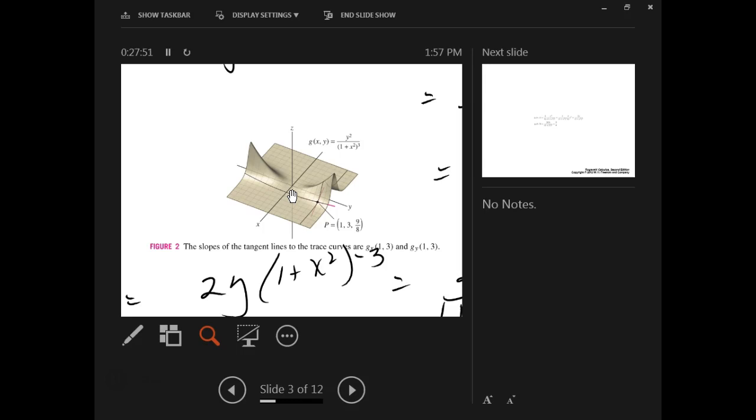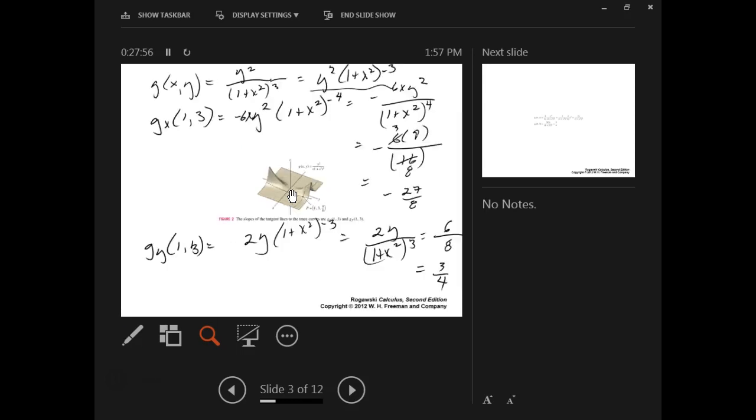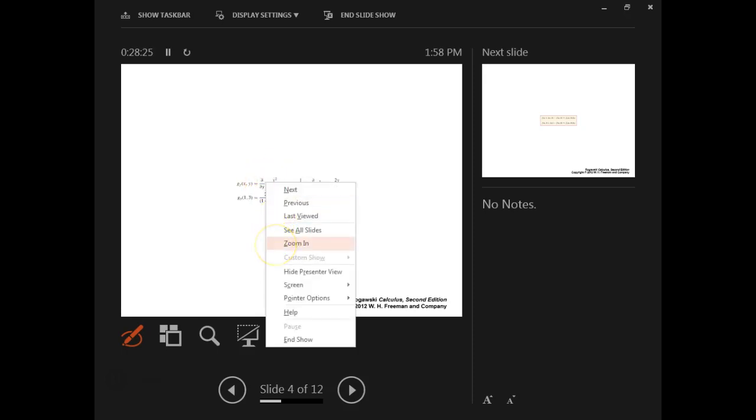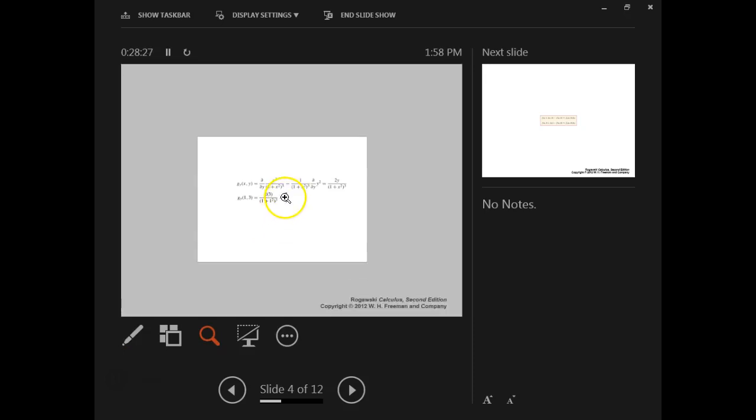All right, so let's go to example 3. I don't think they have a figure for it. I don't even know where that is. Ah, there we go. That was calculating g sub y. Yeah, I see it now.